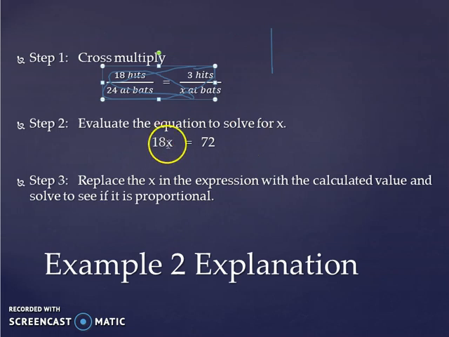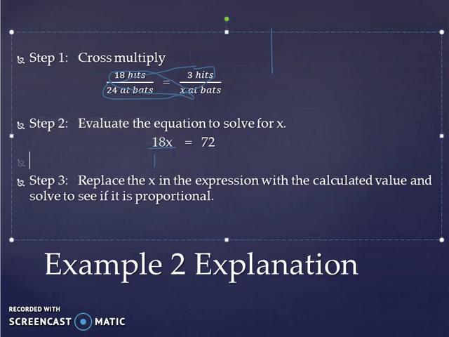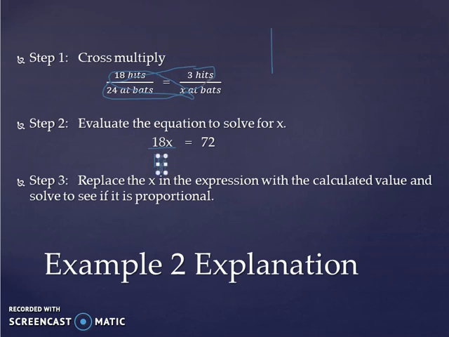Remember that this means multiplication, so I want to isolate that variable. I want it by itself, so I'm going to divide both sides by 18. And when I do that, I know that I'm going to have just x left here because those two cancel out.